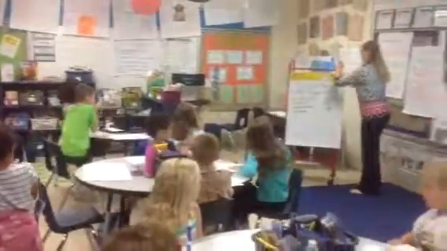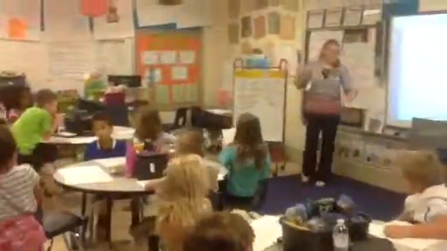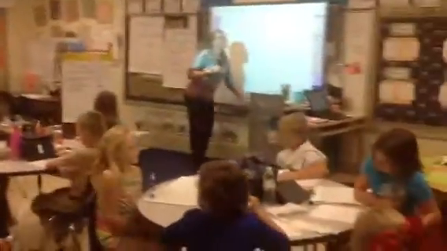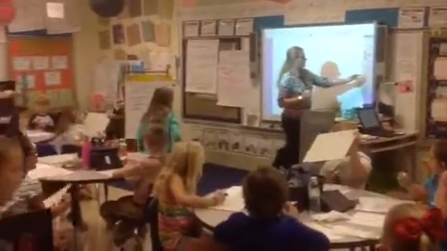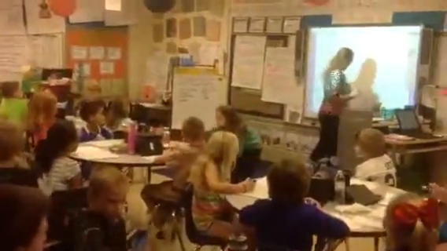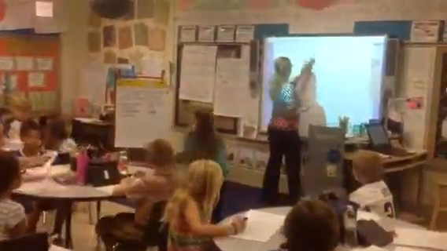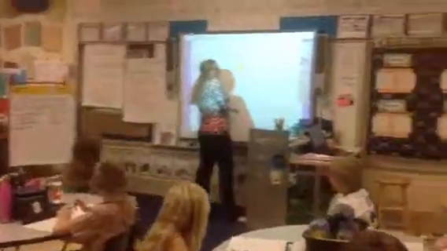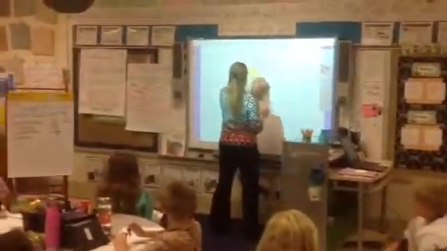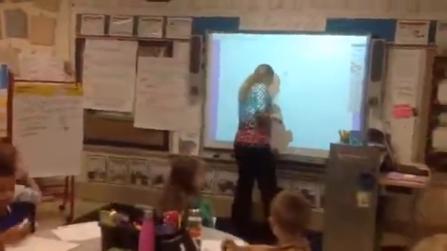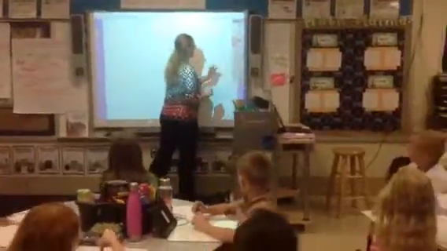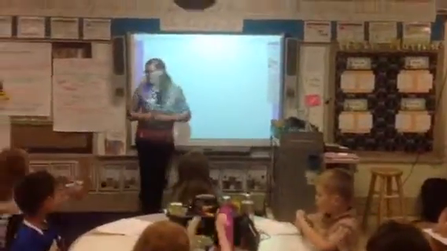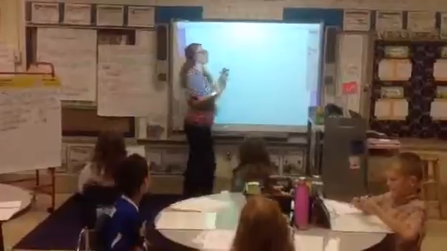Alright, we're going to work some out on the smartboard now. I'm going to turn the anchor chart this way so you guys can see it. And we're going to do some problems on the smartboard. Okay, so we already did 67 minus 59.